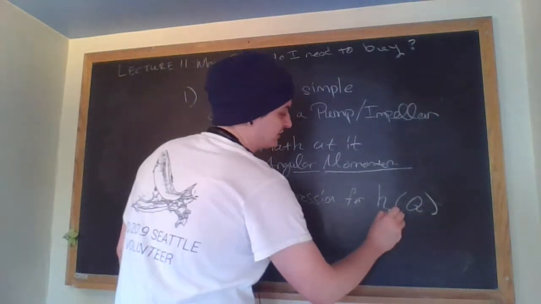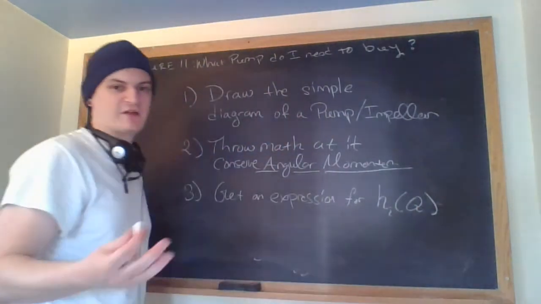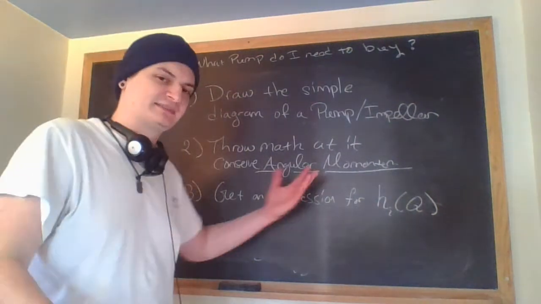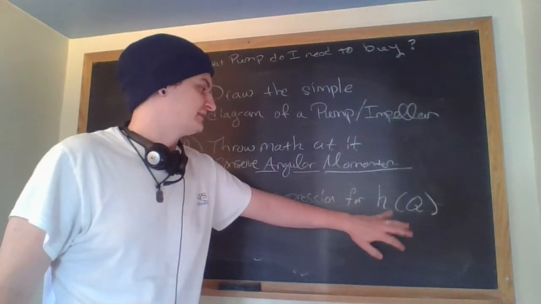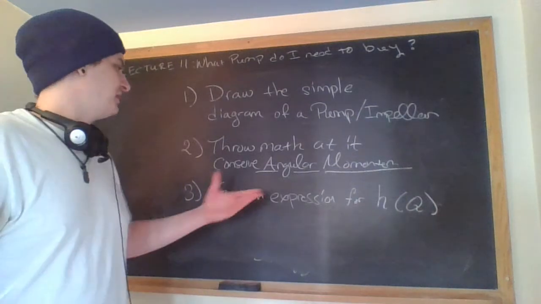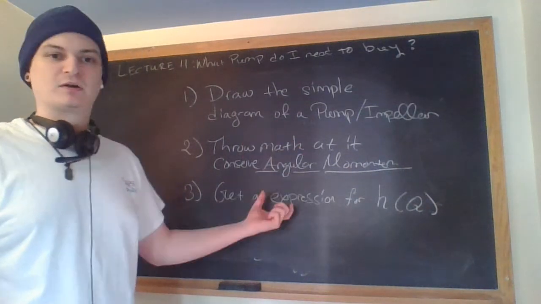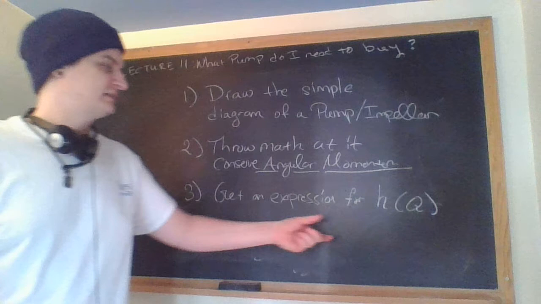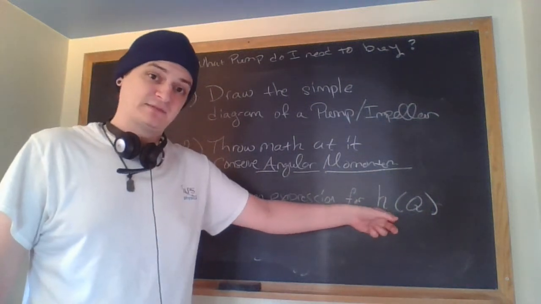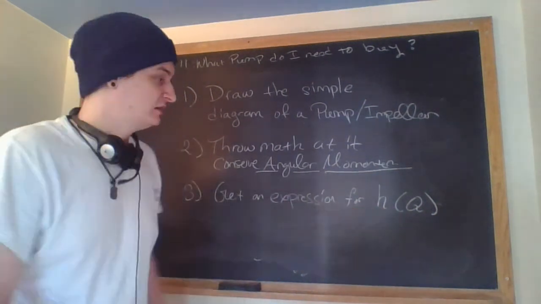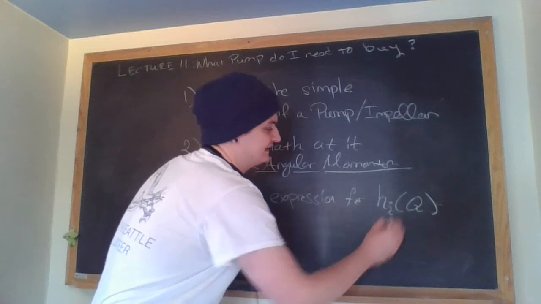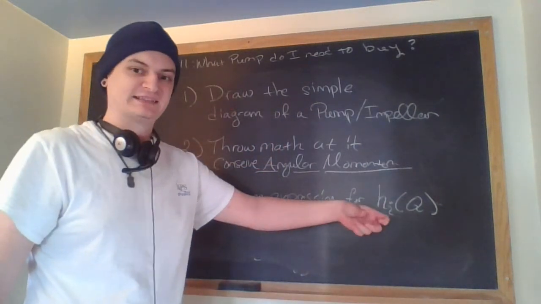This is sometimes called ideal, or A for actual. I don't really care about the subscripts, because head's head. So step 3 is you take that conservation equation, rework the units, and do some equating of other things to get this function. Now this function's wrong, and that's why I usually put the subscript ideal, but it doesn't matter. That's where we're going to end with this ideal.